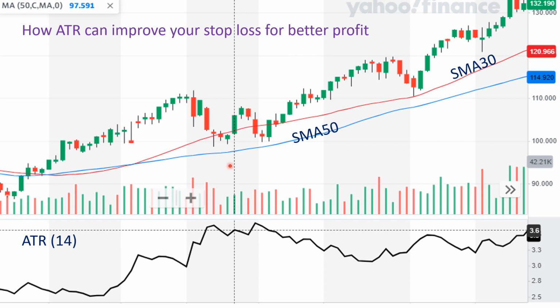Since the price is above the SMA 30, the fast moving average, and both of them are above SMA 50, this price trend is considered a strong uptrend.